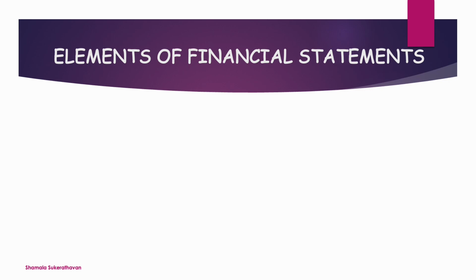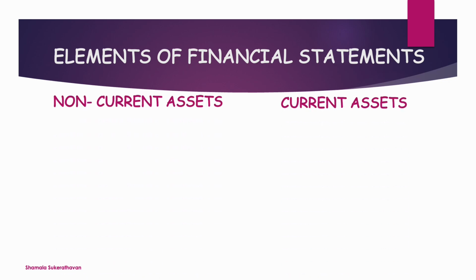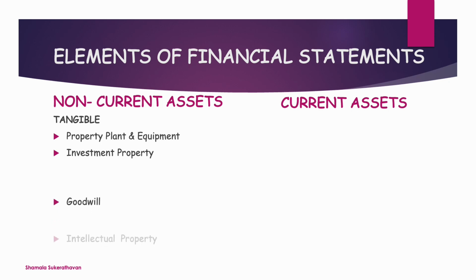Finally, I will look at examples of non-current and current assets. Items such as property, plant and equipment and investment property should be included under tangible non-current assets. Tangible meaning assets with physical substance. Assets without physical substance, such as goodwill and intellectual property, should be included under intangible, non-current assets.